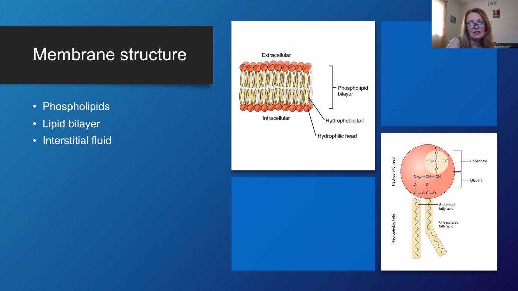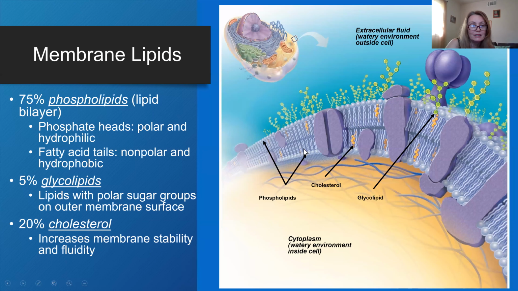So when we look at cell membrane structure in a little bit more detail, we see these phospholipids over here, and how they form this double layer or bilayer, and how this forms a boundary and a barrier between cytoplasm and extracellular fluid.